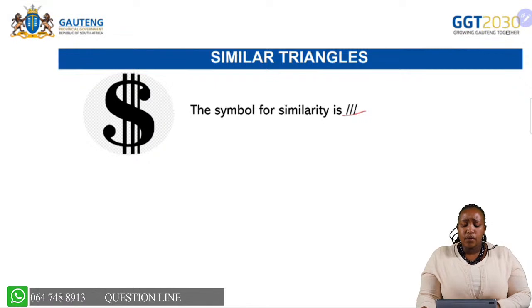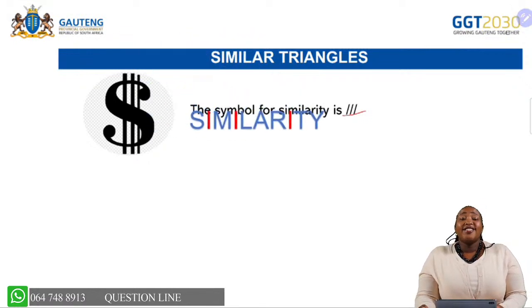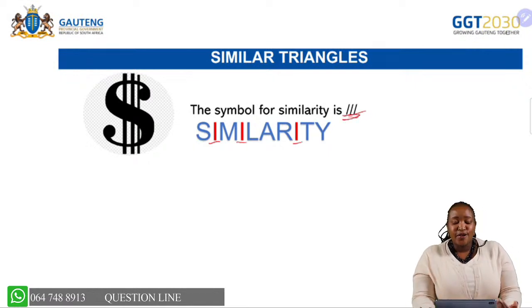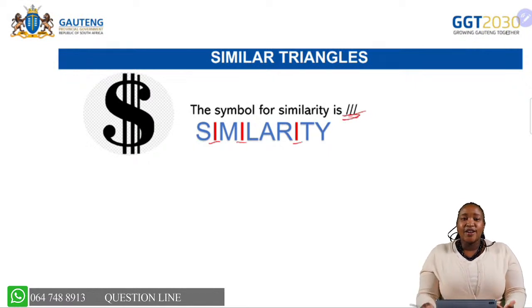If you've forgotten that, you can just look at the word similarity. Do you see that it has these eyes? There's three of them, just like in the symbol. You can use one of those to remind yourself what similarity looks like mathematically if you're asked a question about similar triangles.